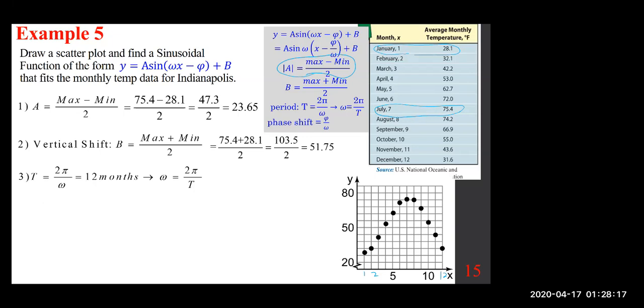It repeats every 12 months. And omega, which is 2 pi over T, becomes pi over 6. Is everybody following this so far? Yes. Okay, good. So we're almost done.